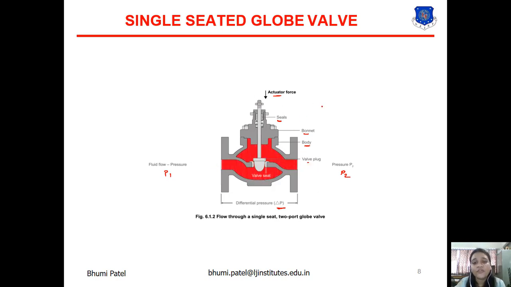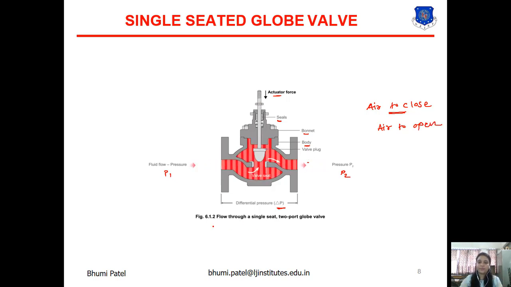That type of valve condition is the air to close connection. In the air to close connection, no pressure flows through the valve. And the next position, when the valve seat and valve plug are not in connection, is known as the air to open position.